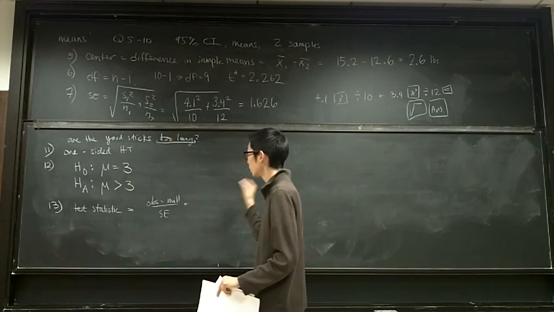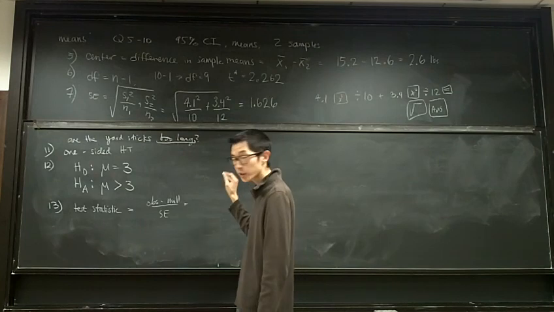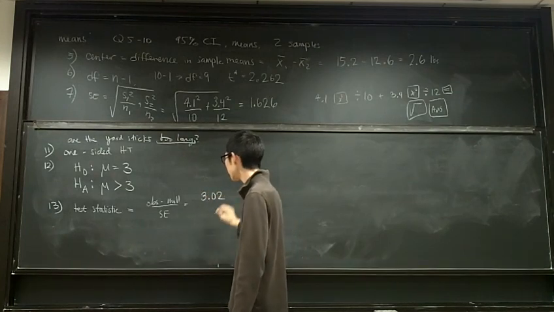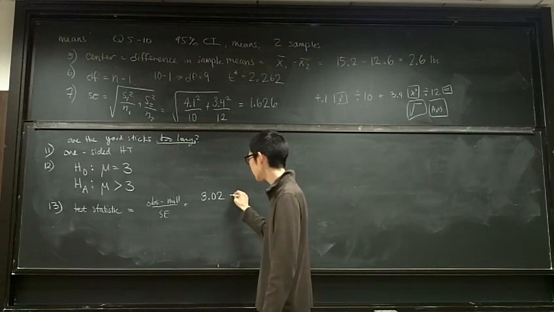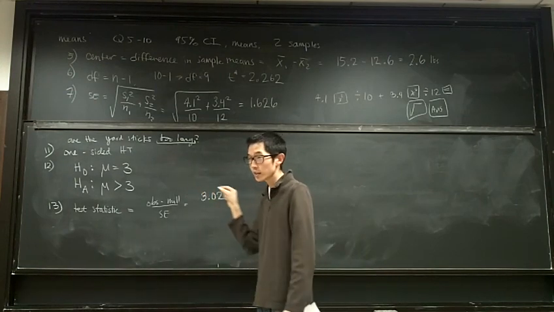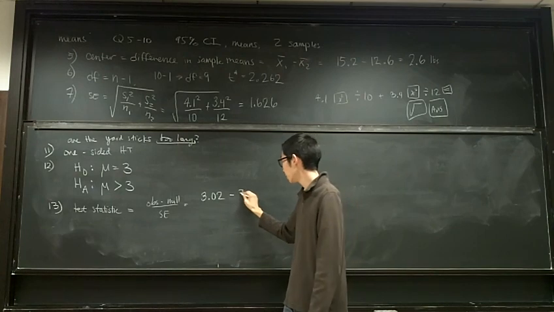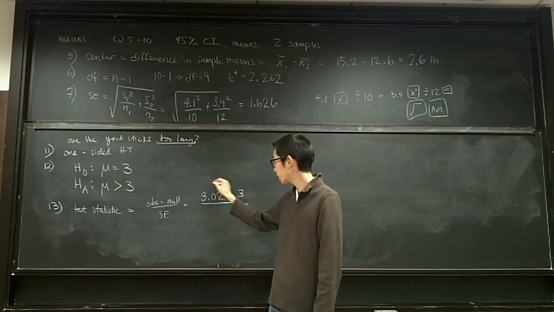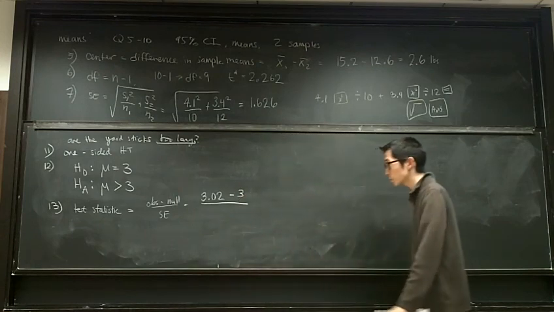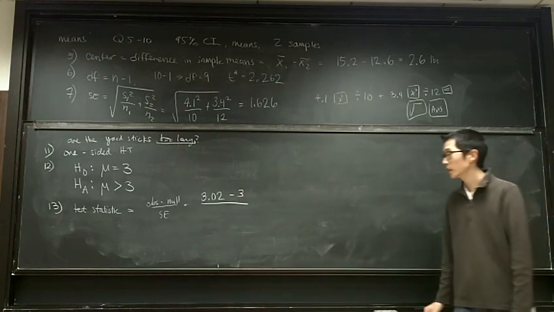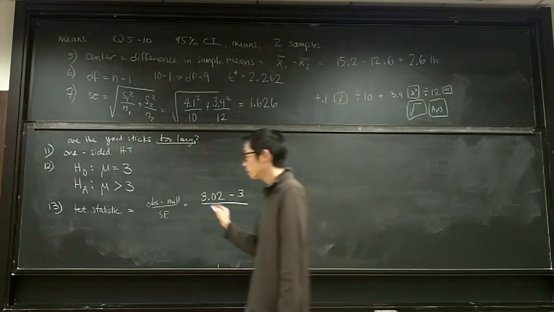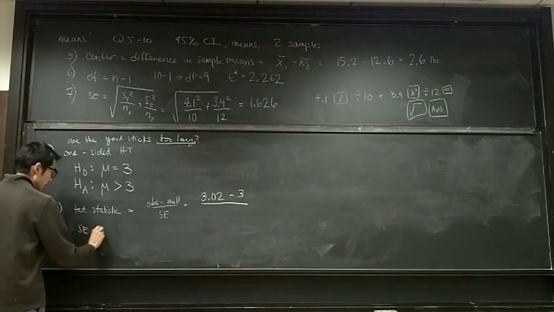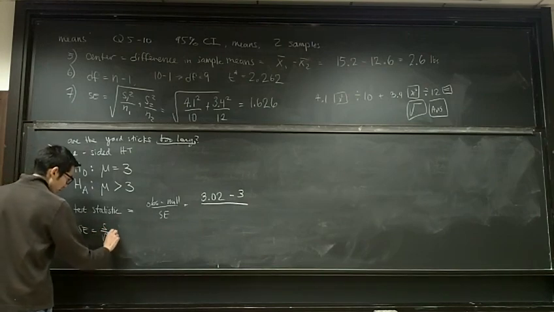So in this case, the x bar that we observed was 3.02 feet, and the null hypothesis says that the yardsticks should be 3 feet long. So my x bar minus the mean is 3.02 minus 3, and then for the standard error, we've got one sample mean, so my standard error is equal to s over the square root of n.